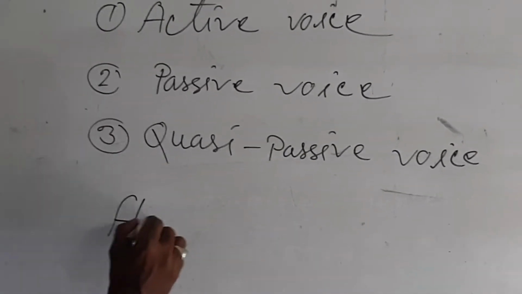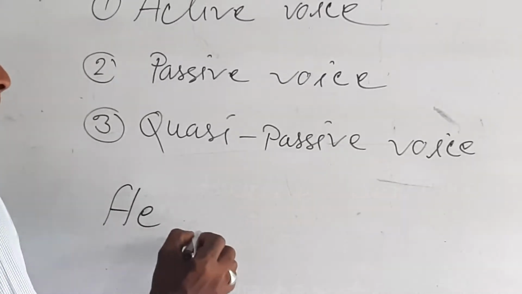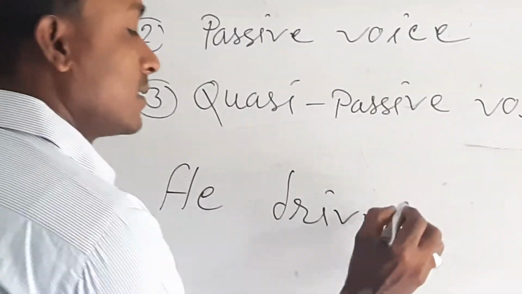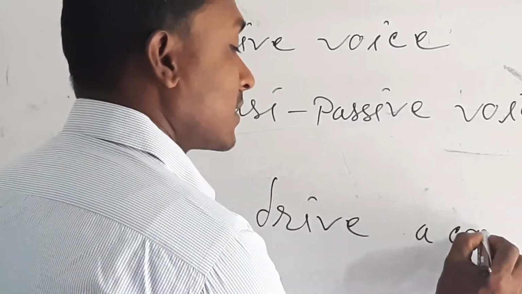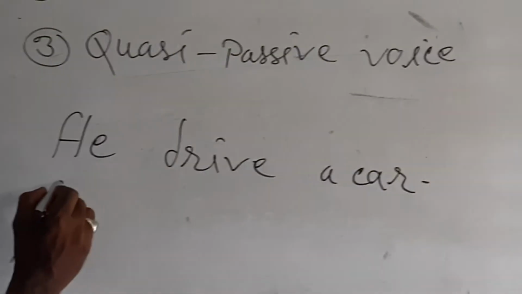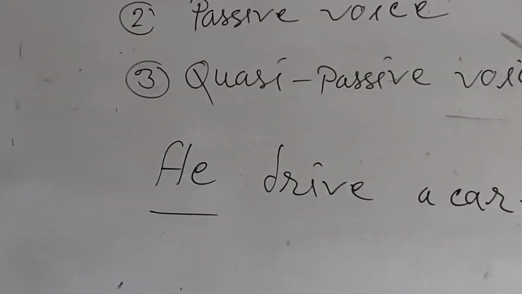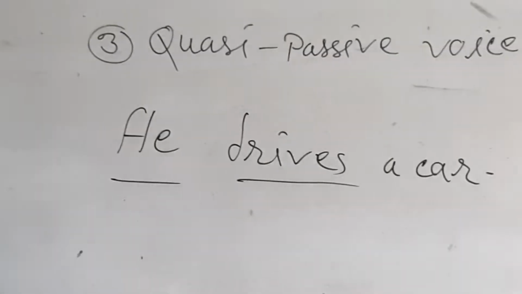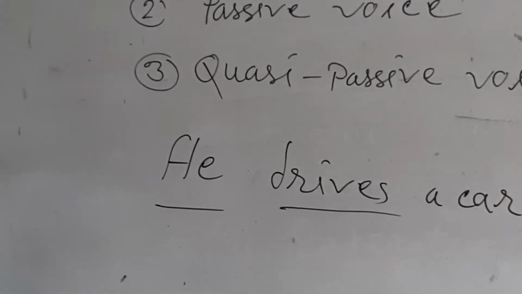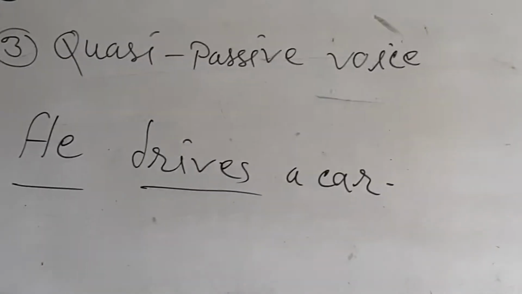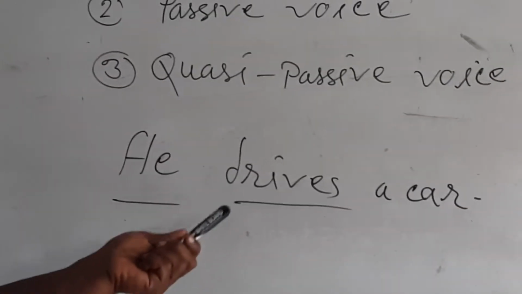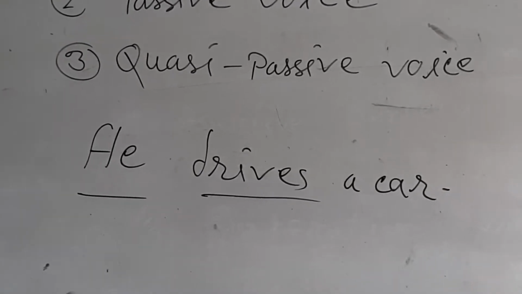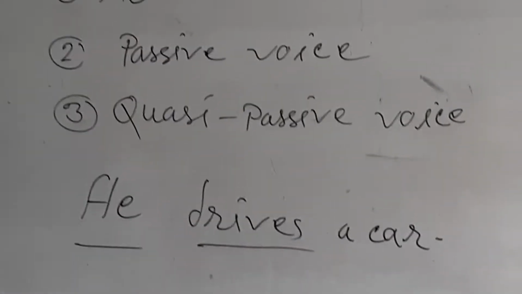He drives a car. Here the subject he is a pronoun, drives is the verb and a car is the object. The subject is active here, so the verb is in active voice. So it is an active sentence.